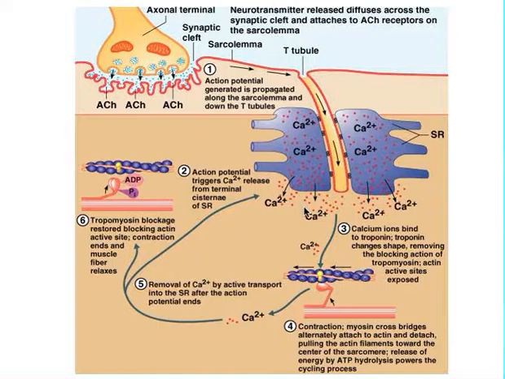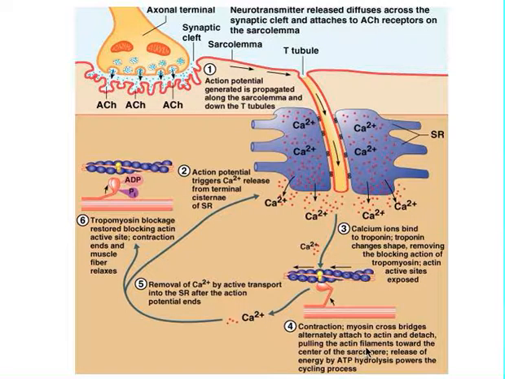So the calcium ion goes into the myofibril, that organelle where we have the actin and the myosin, and it binds to the troponin. The troponin changes shape, removing the blocking action of the tropomyosin, that small little thread gets removed. And then the actin active site is exposed. And so the myosin cross bridge, the head, can attach to the actin and pull on it as it detaches and gets activated again.